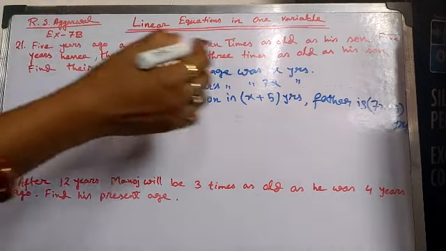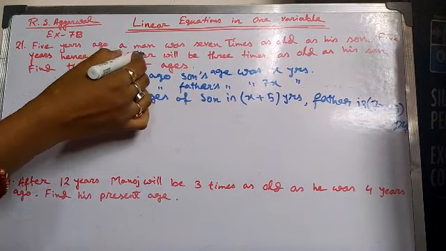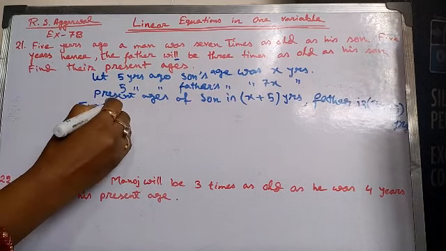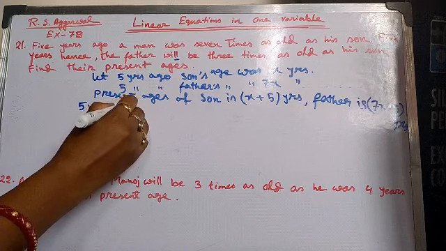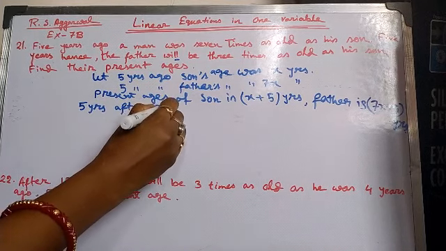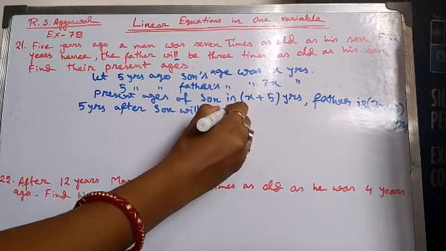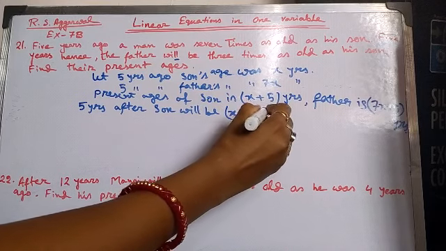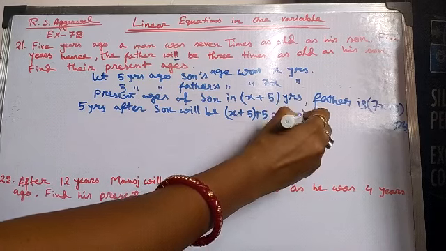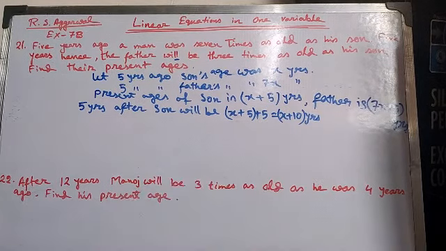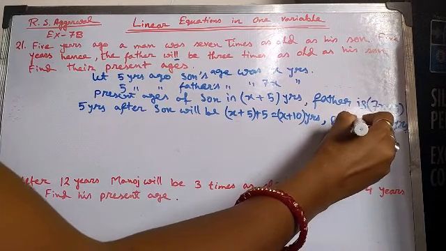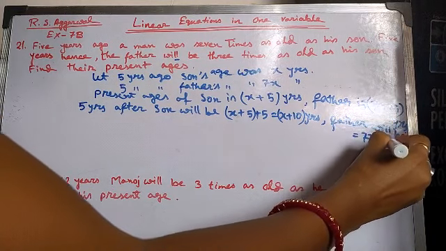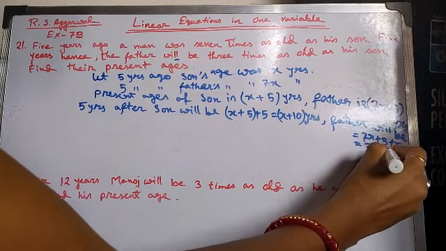Now 5 years hence, that means 5 years after, what will be the age, that you also have to find out. 5 years after, son will be x plus 5 plus 5, that means x plus 10 years, and father will be 7x plus 5 plus 5, that means 7x plus 10 years.